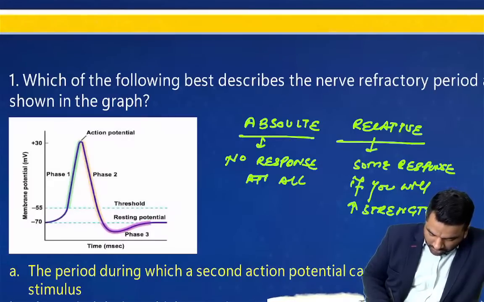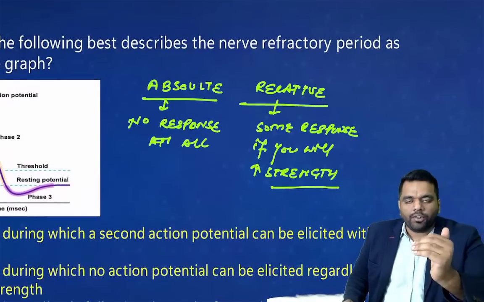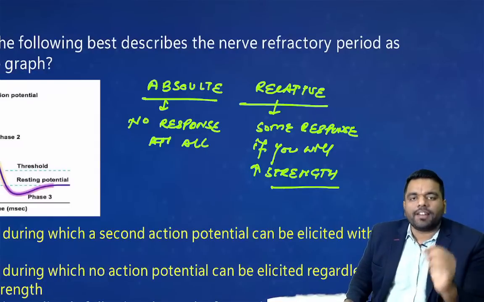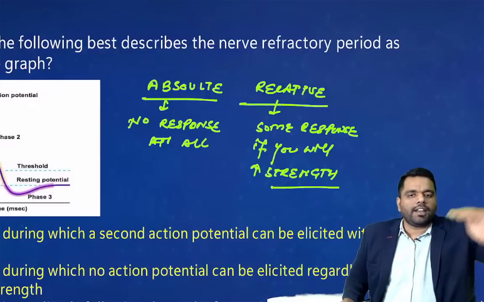So earlier you gave a little less current, now if you increase the strength of the stimulus, what could happen? In this time, this nerve fiber will start showing another action potential.